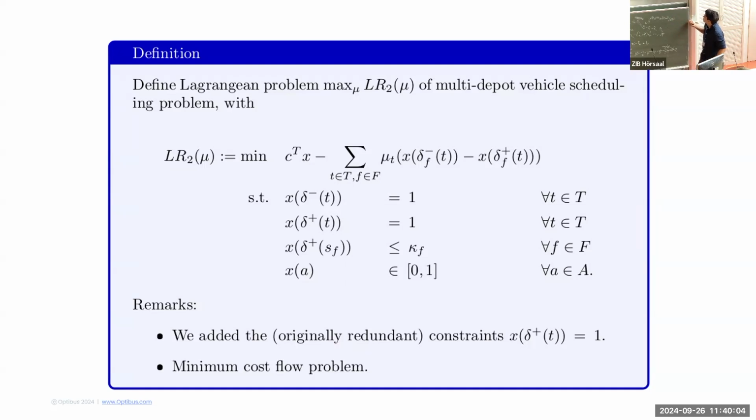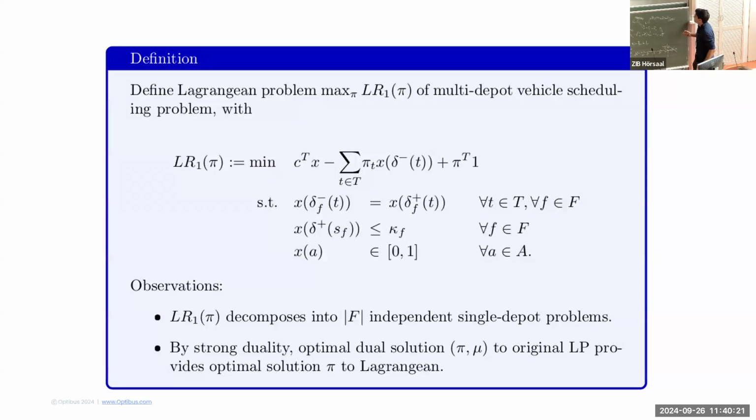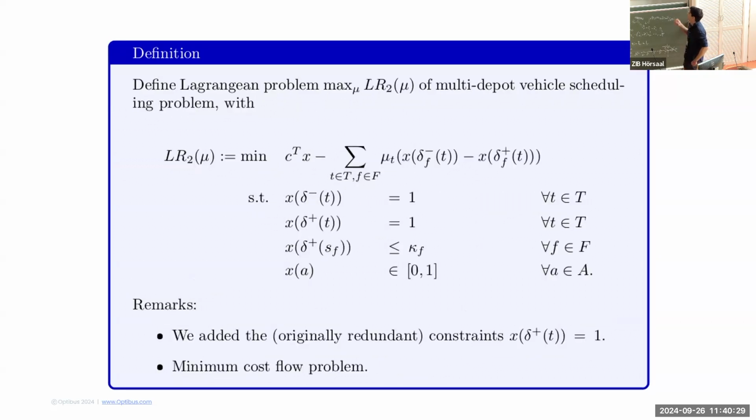Again, this one is a min-cost flow problem, because the incoming flow has to be 1, and the outgoing flow has to be 1. This works on all arcs, but still is a min-cost flow problem. What is nice about these is, even if you don't do the Lagrangian, if you were to have an optimal dual solution to the original problem, this one would also be solved to optimality. So this would be enough to solve it by strong duality.